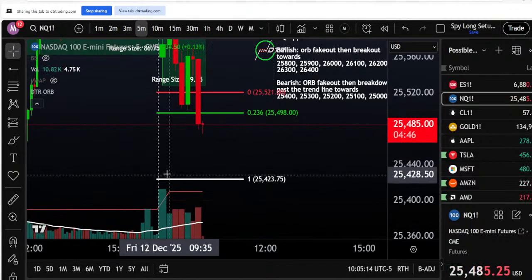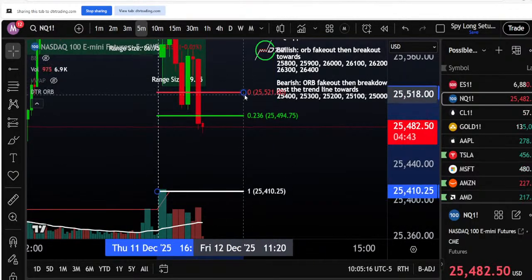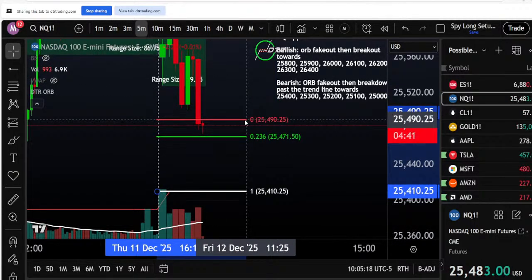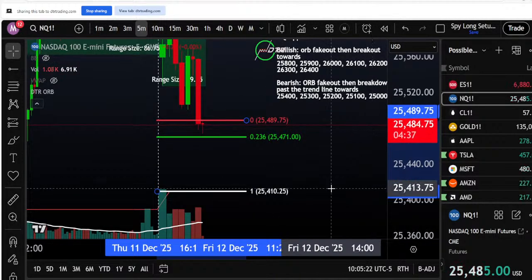Yeah, 5 minutes for sure in play. Nice little breakout setup. Again, we want to see a little fake out over that 490-ish area, approximately.